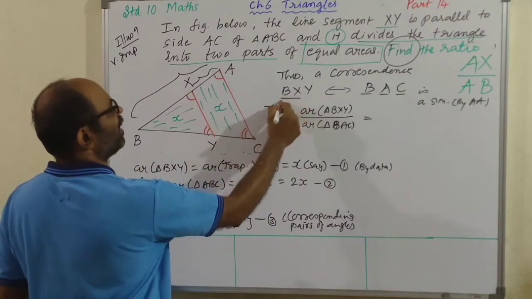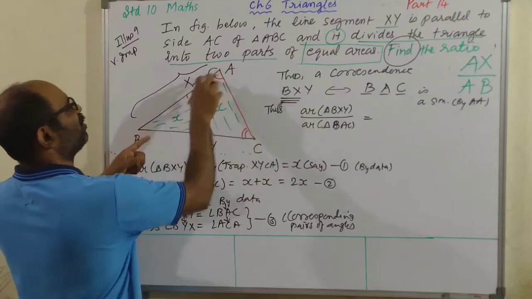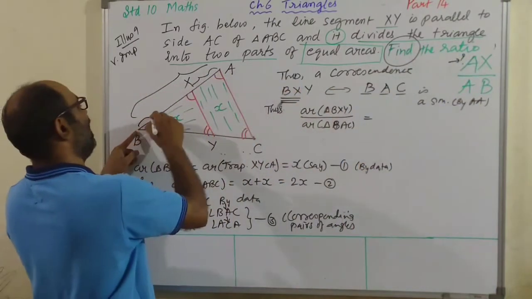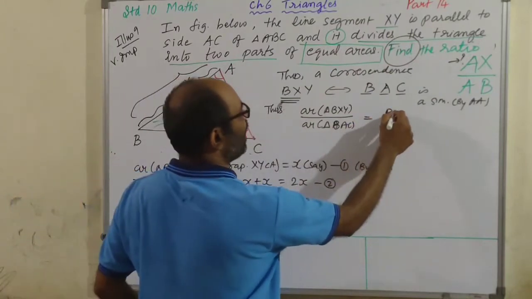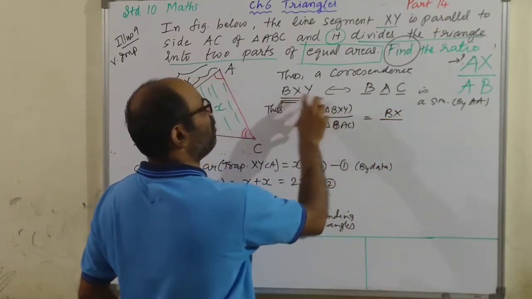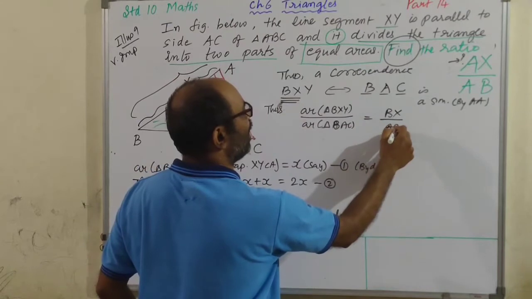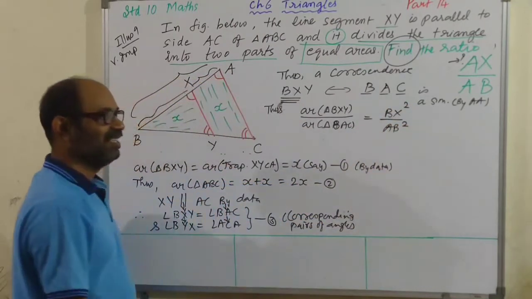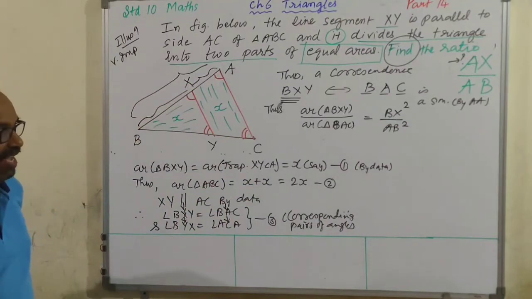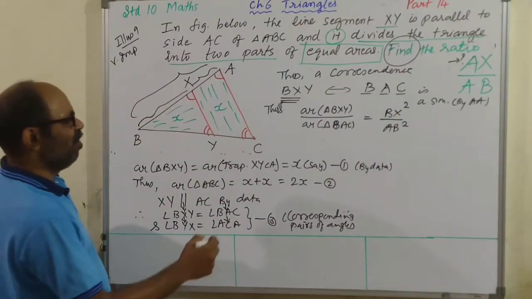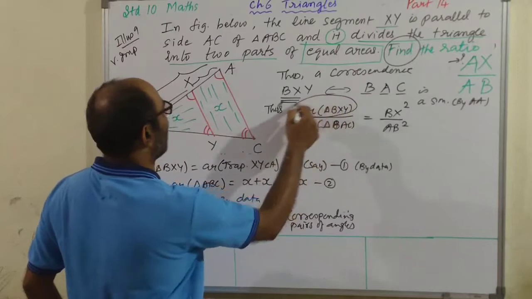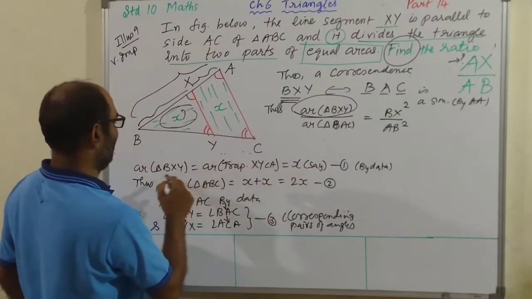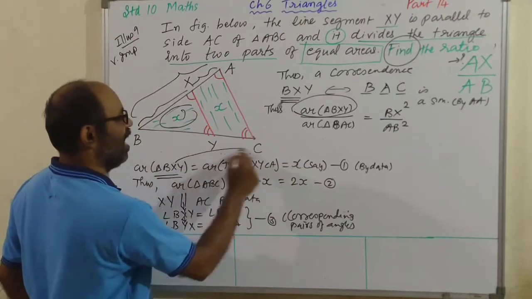Correct? You have to take BX. AX will not be available; what we want will not be available. You will get BX. So that is BX upon, if BX then AB or BA. But don't forget squares. Now put the value. What is the area of triangle BXY? X. Here it is. The area of BXY is X.